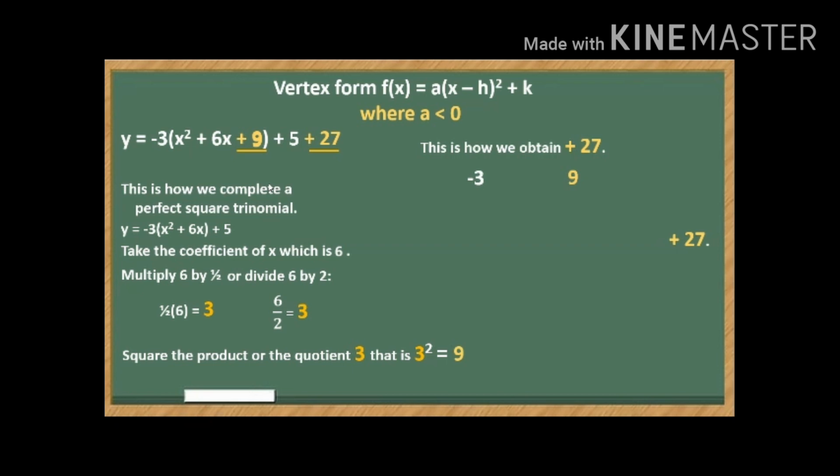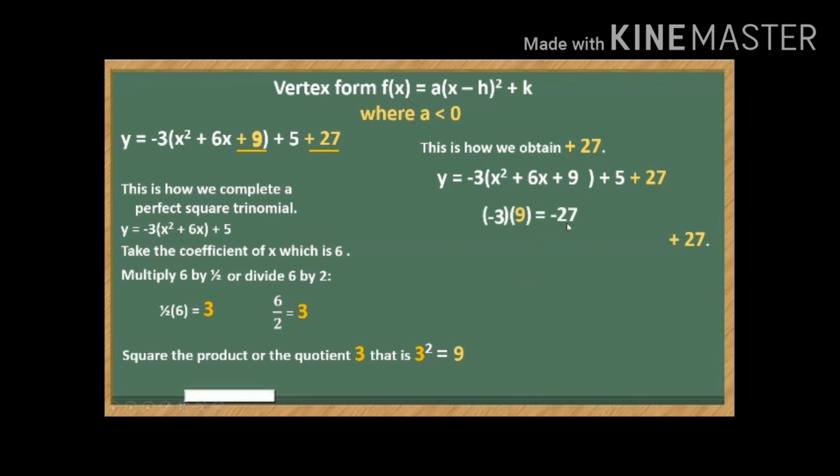So let's continue. This is how we obtain 27. Copy negative 3. Then copy 9. This is the one that we have added earlier.